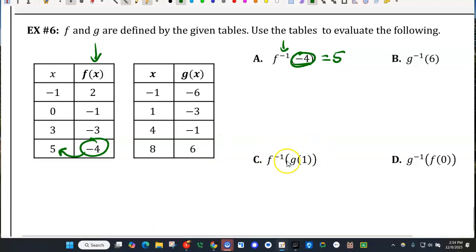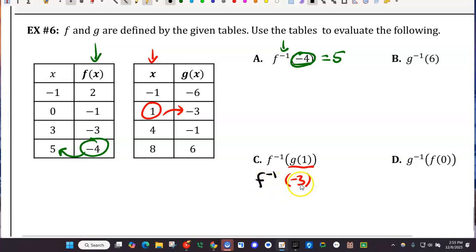And we can do some nested functions. This one is just g of 1. So do it normally. So that would be, look in this column. This is g. Look here for 1. That's like flying to -3. And then this says, well, let's reverse it starting with f.